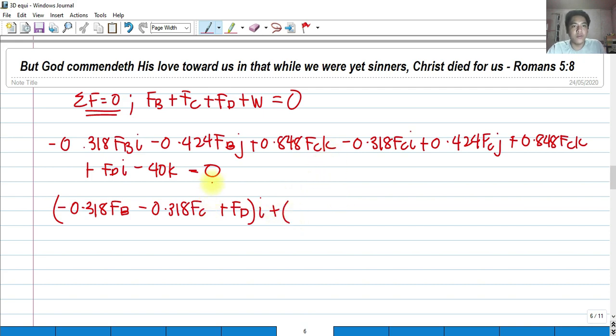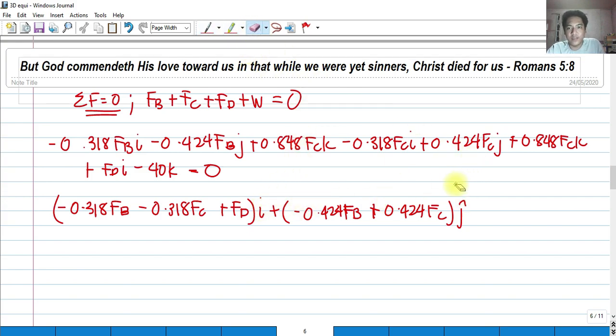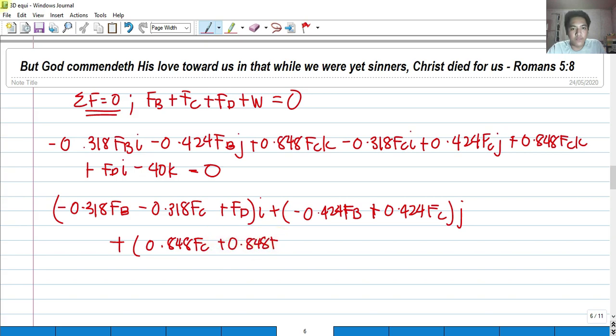For the j, negative 0.424 F sub B and plus 0.424 F sub C, and for the j we don't have anything else, so that's j hat, or j in the direction of y. And then for all the k, we have plus 0.848 F sub B and plus 0.848 F sub C. Then we have minus 40 k equals 0.